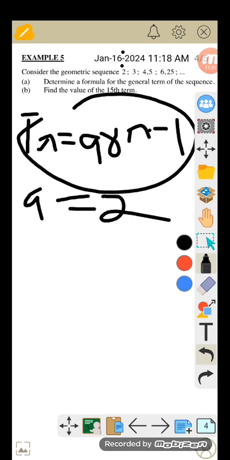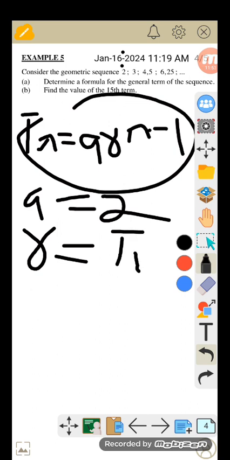Let me continue with my example. In my example, remember, they wanted the general term. Our a is our first term, which is 2. Remember, our r, which is the common ratio, is equal to T2 over T1, or you can just say T3 over T2.